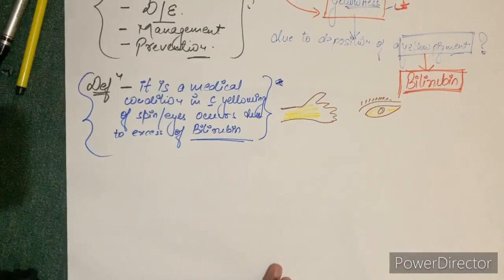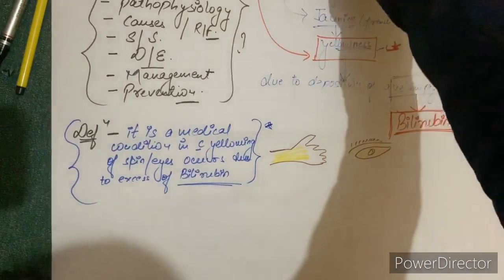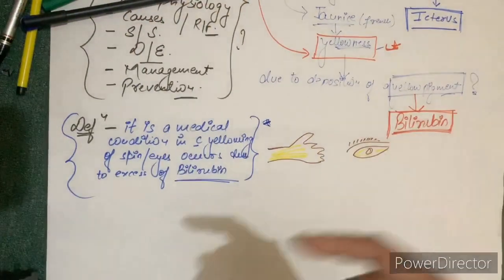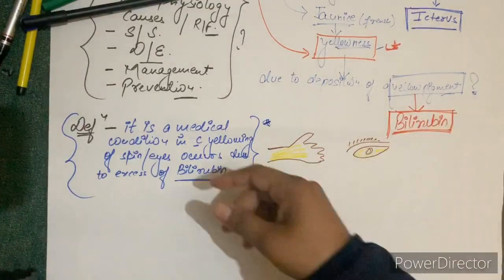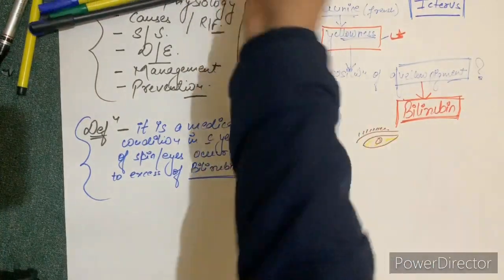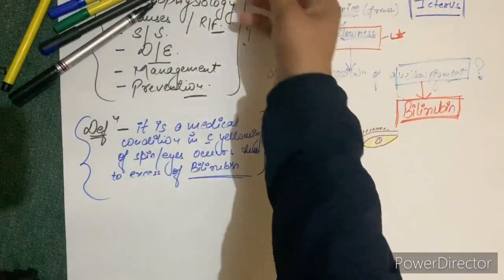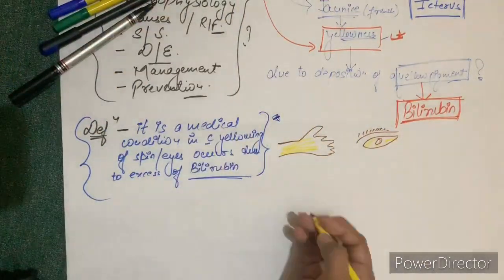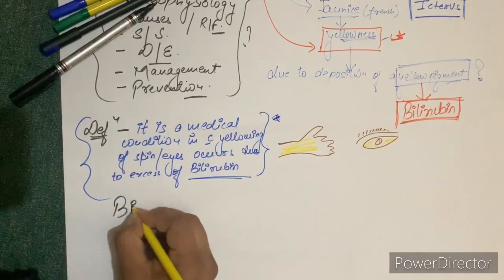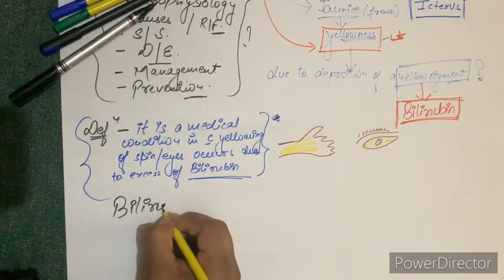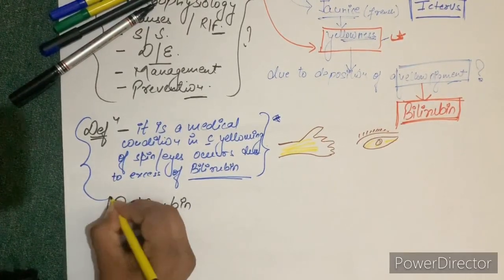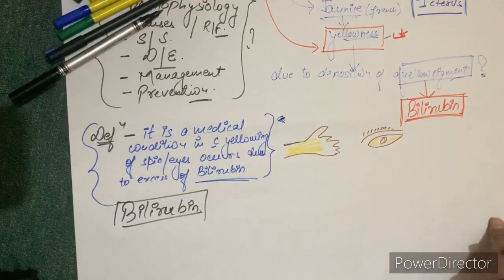Now you ask what is this bilirubin, where does it come from, how does it give yellow color to our body, and how does it cause yellowness in our body. So here we discuss bilirubin, because this is the main culprit of jaundice.